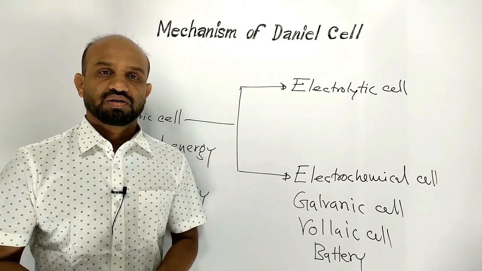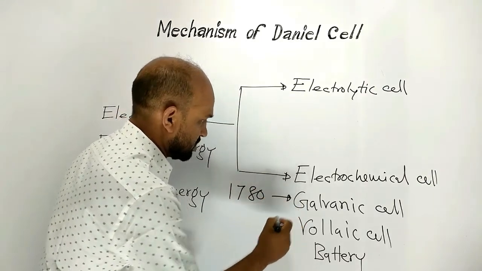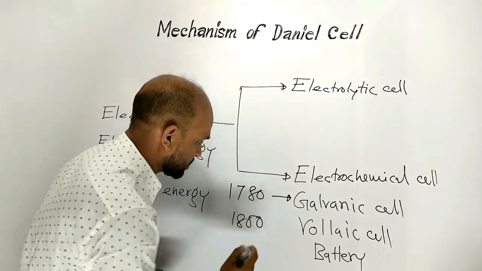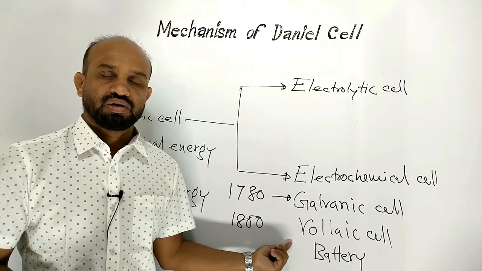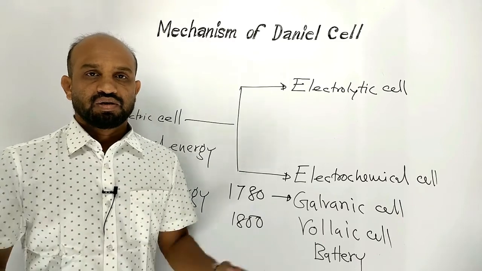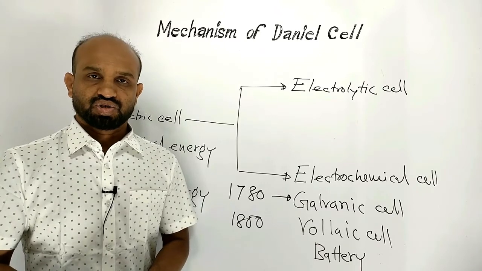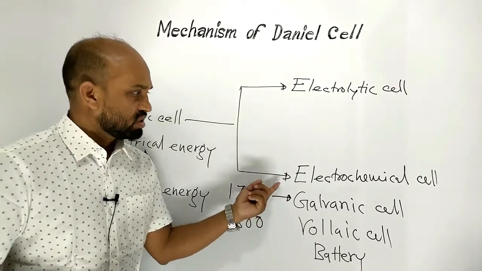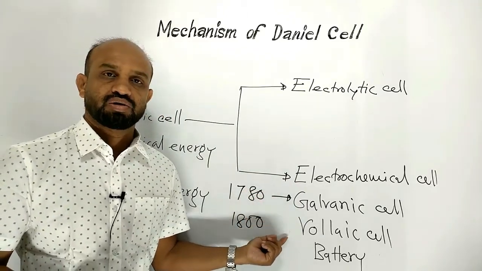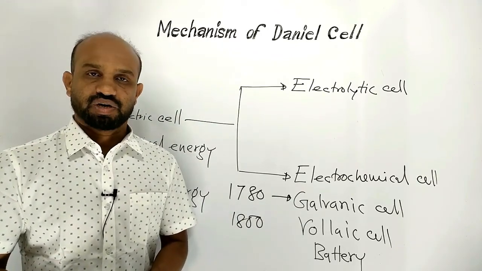In the year 1780, Luigi Galvani, and in the year 1800, Alessandro Volta understood, in separate experiments, that electricity can be produced through redox reactions which occur spontaneously. That is why the electrochemical cell is sometimes called a galvanic cell, sometimes a voltaic cell, which is simply known as a battery.